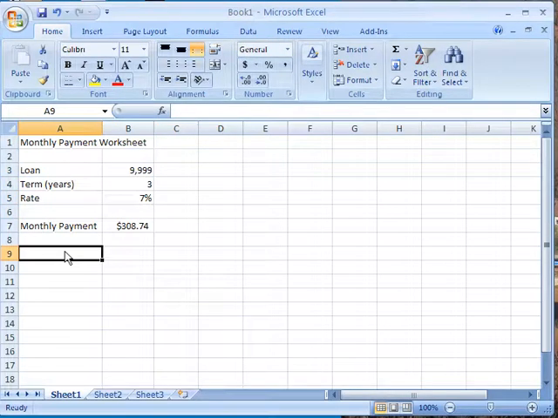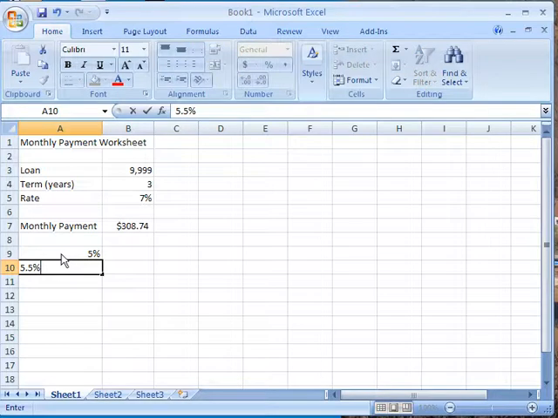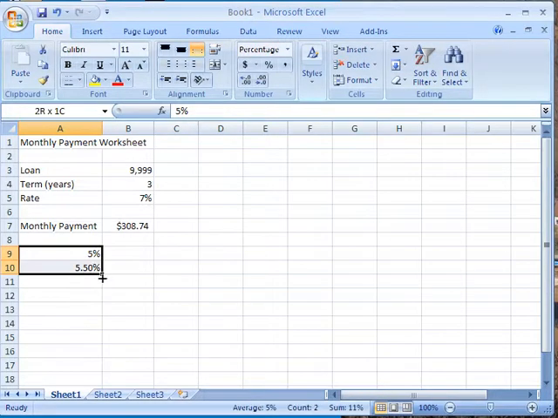What if we wanted to try out a range of several things? Maybe I'd like to see what the monthly payments would be for a range of 5 to 8%. I could type in 5%, and then, if we go up by 0.5%, 5.5%, I can then highlight both of them.